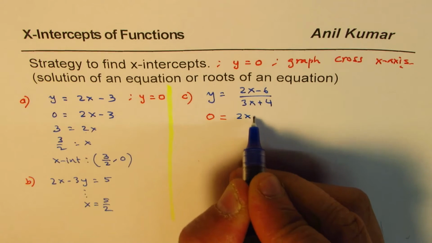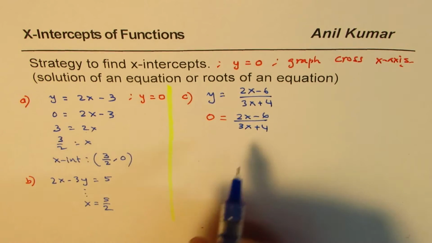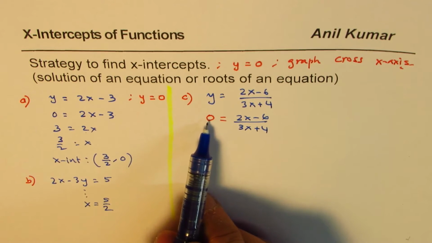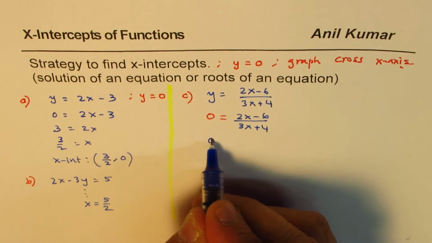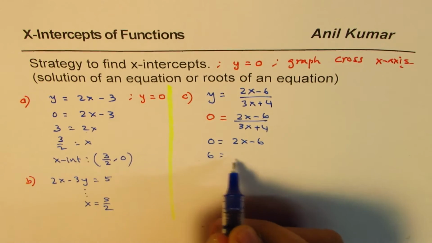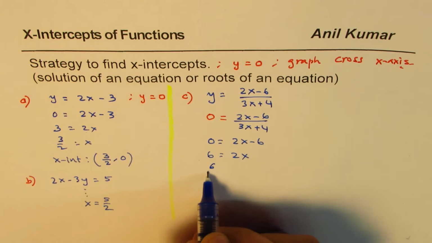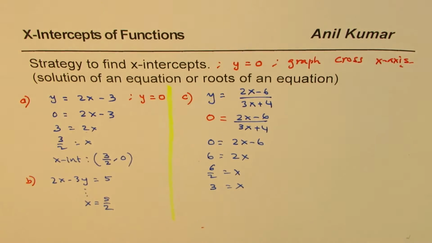Now, how do you get 0? When the numerator is 0. Or you could cross multiply, which is 0 equals 2x minus 6. Bring 6 here, 6 equals 2x, divide by 2. We get 3 equals x. So that is how you could find the x-intercept for a rational function.